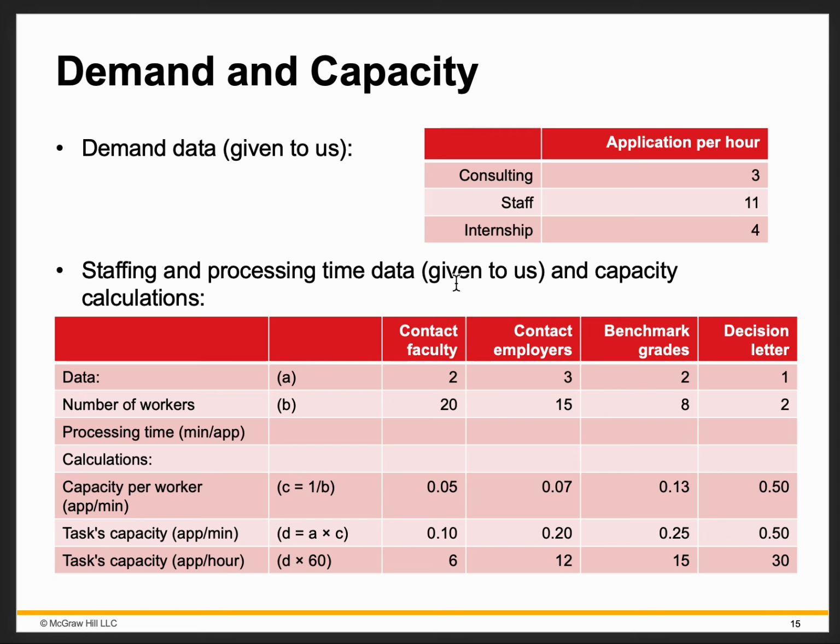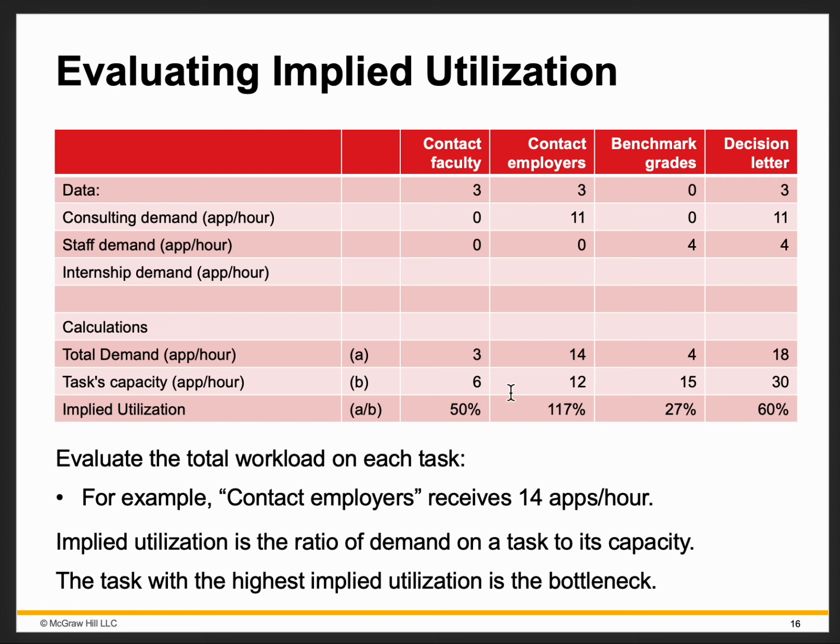For contacting faculty it is only 3, because it's consulting only. Contacting employers is both consulting and staff, so it will be 14. Benchmarking grades will only be internship, which is 4, and decision letter will be all 3, which is 18. And those are the numbers that you see here: 3, 14, 4, and 18.